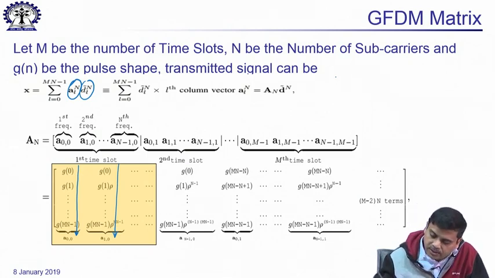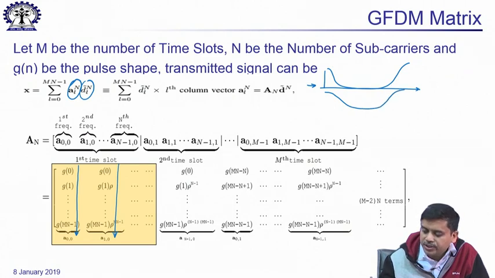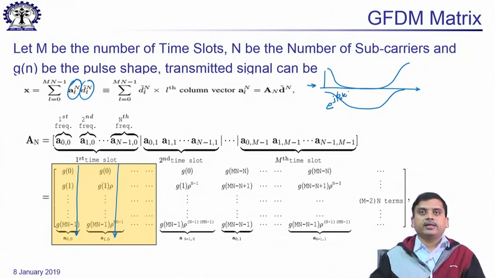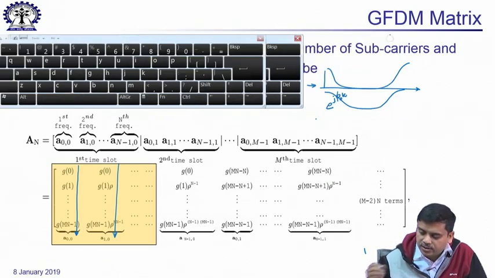So, if this is a pulse shape in the first time slot, in the first subcarrier, the second subcarrier is going to get the same pulse shape, but it will be frequency shifted by e to the power of j phi 0 times k, indicating a frequency shift from the first subcarrier to the next subcarrier.